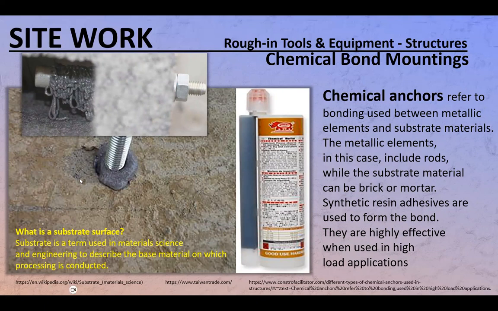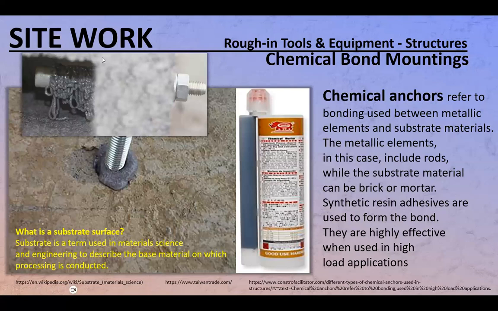Those chemical bonds, these are chemical anchors. You put the bolt in there and you basically squeeze in the chemical thing in there, the goo that hardens, and it is never going to let go in a million years if it's properly done.